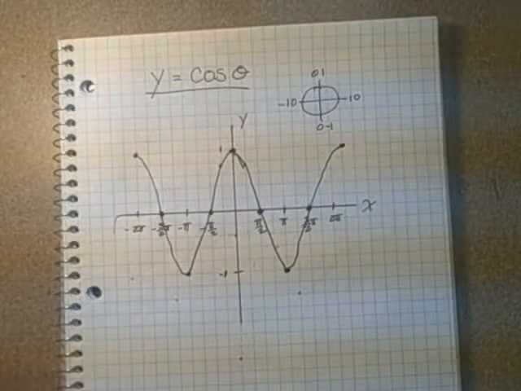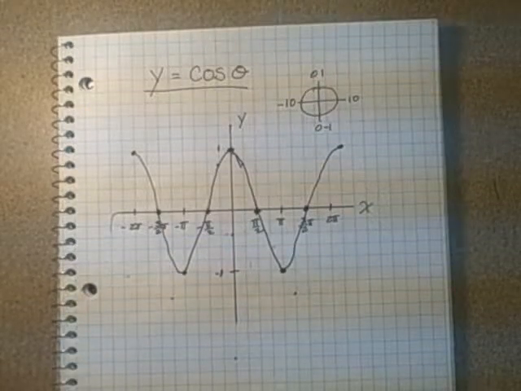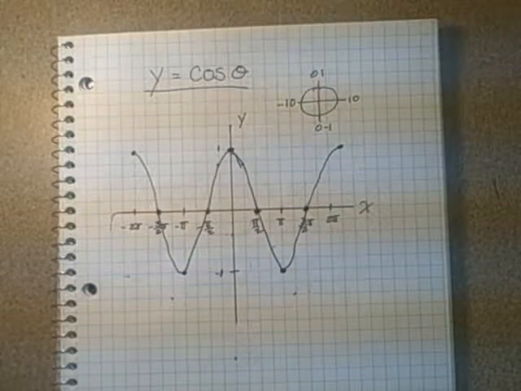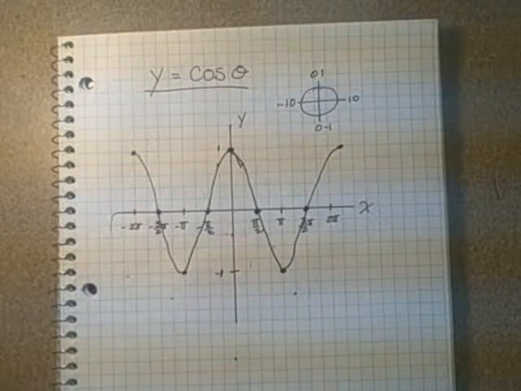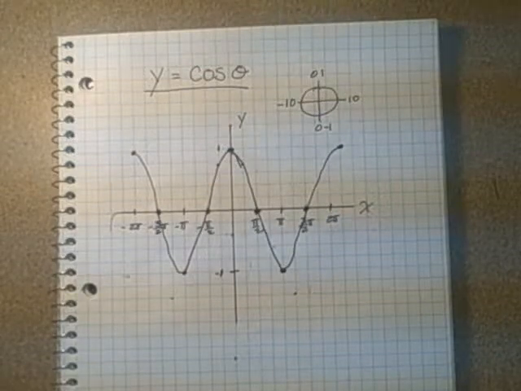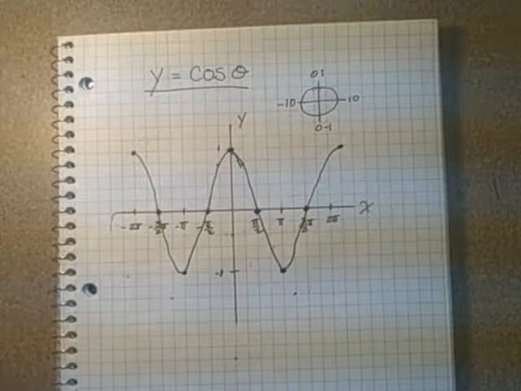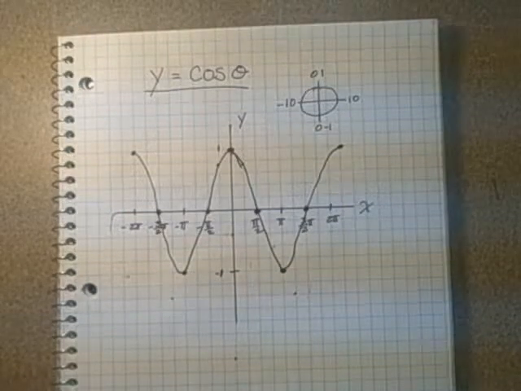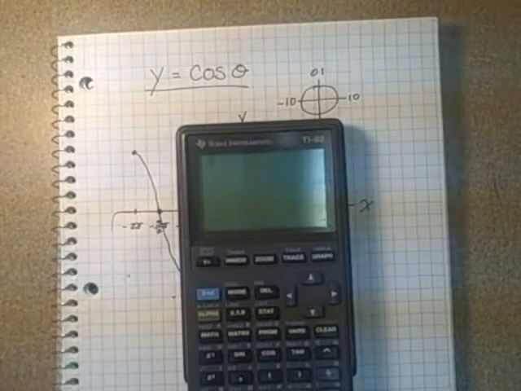Okay? And we did last time on the calculator, and I used a calculator that didn't show us the grid too well. So this time I'm going to switch calculators, and I'm going to put it up so that you can actually see the grid this time, and I'm going to use radians this time instead of degrees like I had last time to do the cos graph.